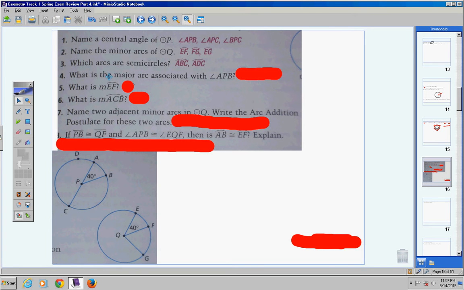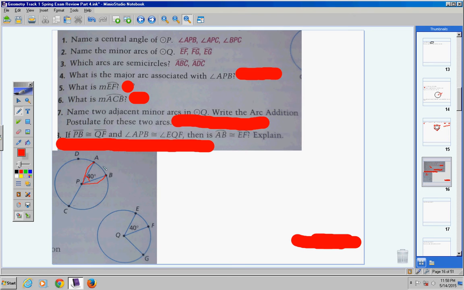What is the major arc associated with angle APB? Well, students, boy, guys, this is hard to use this thing. Alright, angle APB, that arc right there.